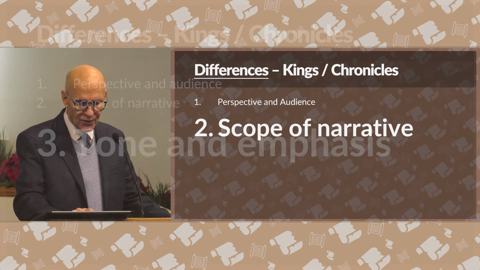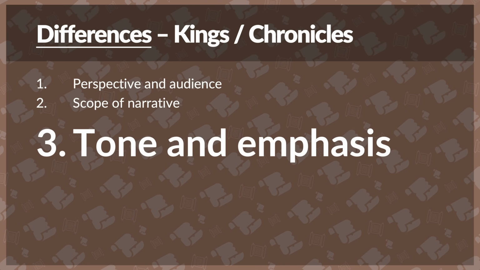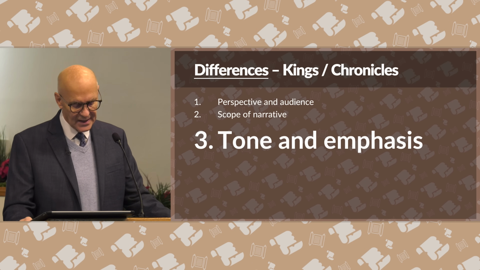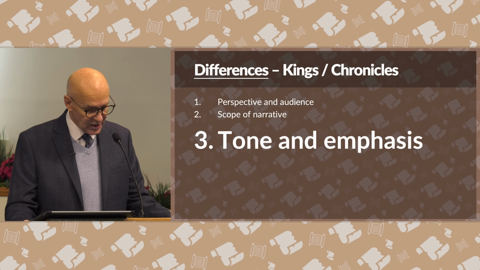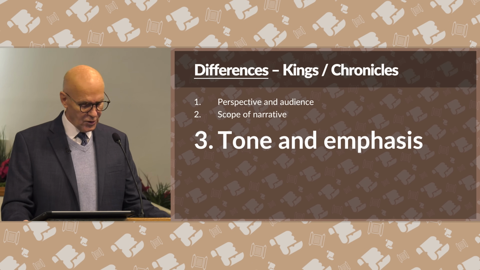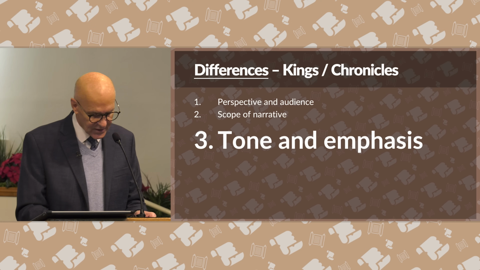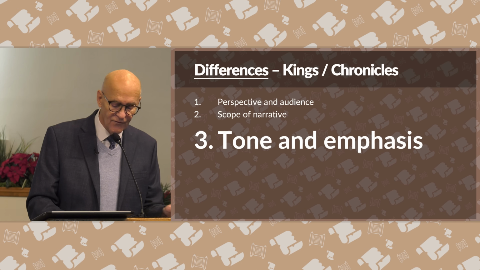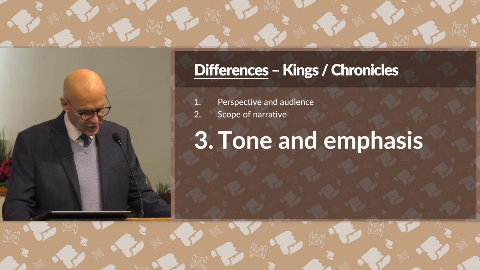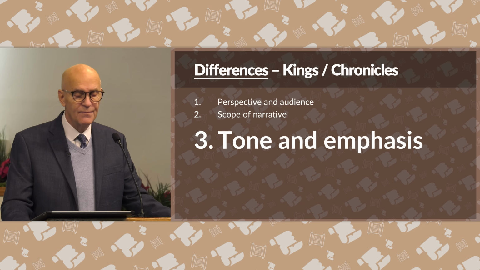And then a third difference to note is the tone and the emphasis of these books. Chronicles often omits negative details about certain kings, especially David and Solomon, in order to present an idealized vision of their reigns. This contrasts with the more unvarnished accounts in Kings, which include their flaws and their failures.